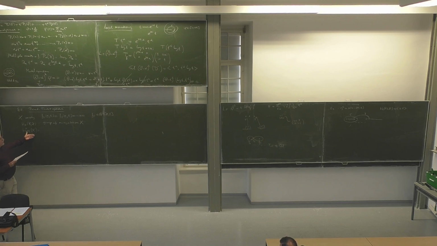This is a Q vector space. You take the closed forms modulo the exact forms. So this is the n-th de Rham homology group.